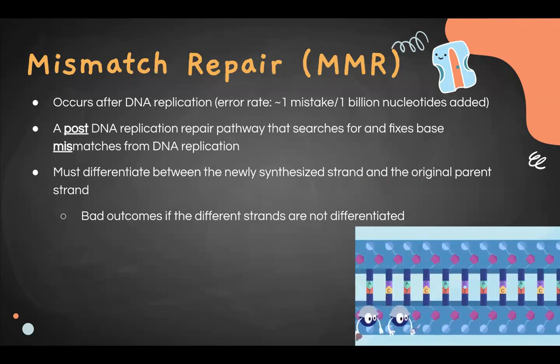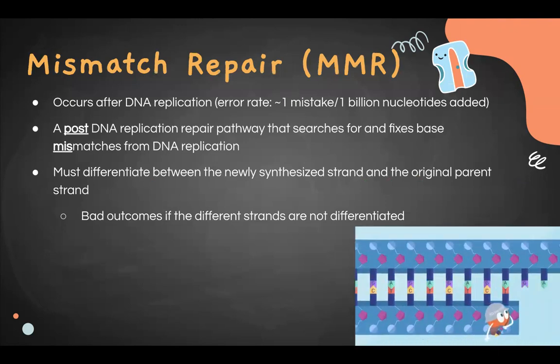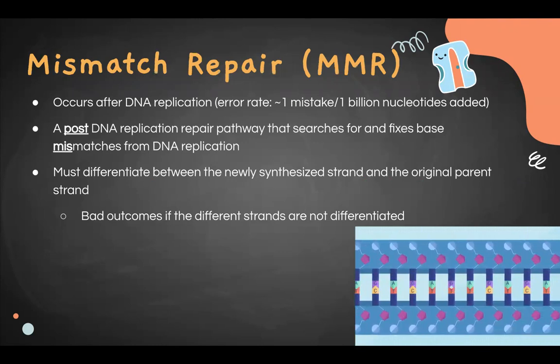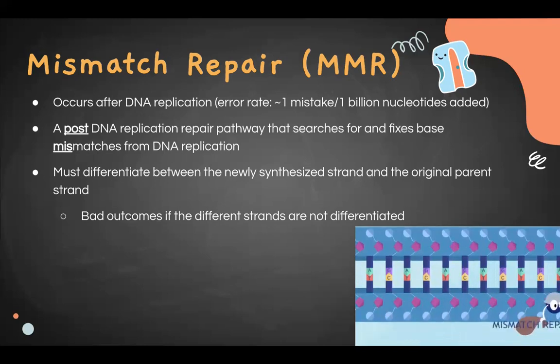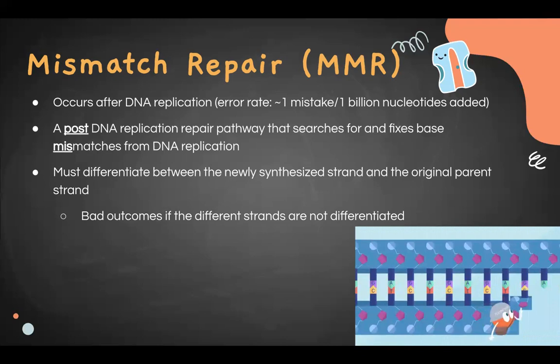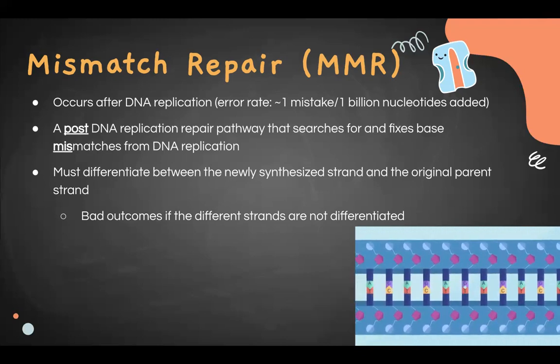But proofreading isn't perfect. One in 10 million is still a lot when the human genome is about 6 billion base pairs long. Obviously this would result in many mutations, it would be way too unstable.